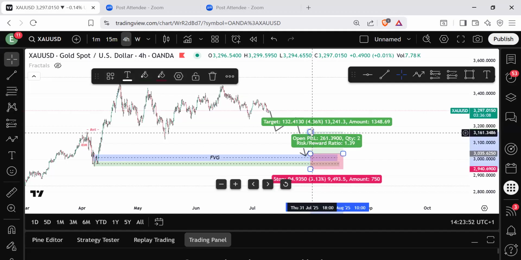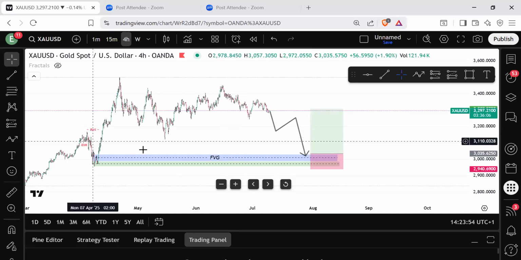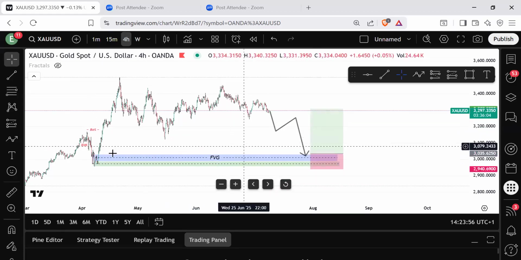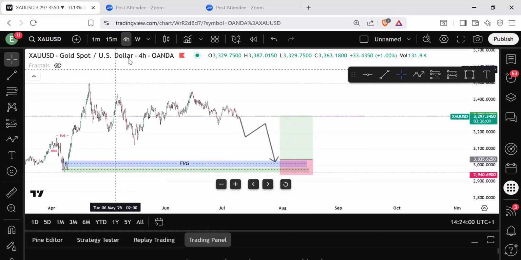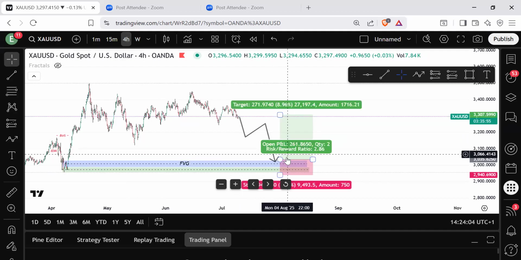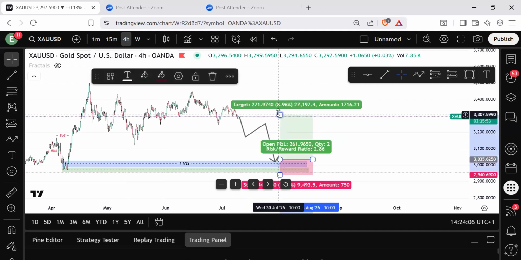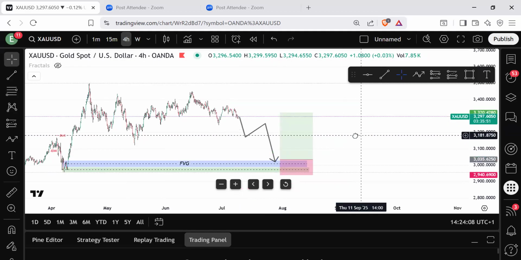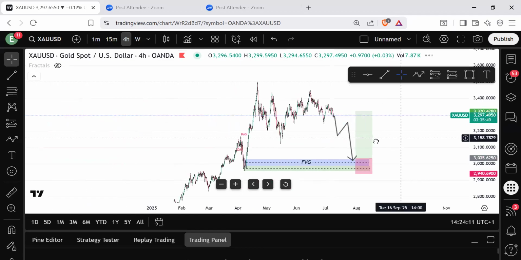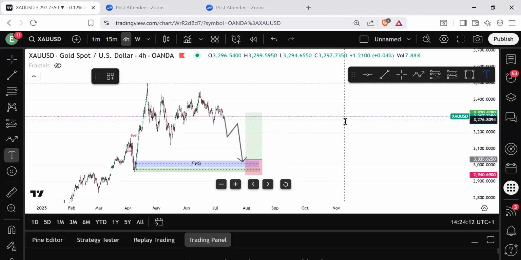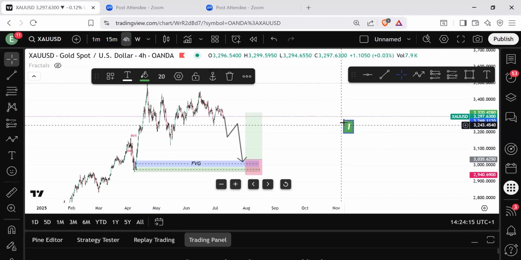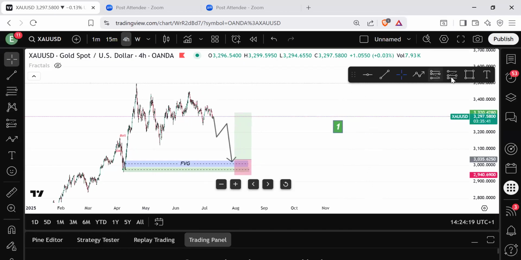Okay. So if you find a fair value gap like this, a valid zone, on this 4-hour time frame, place your limit entry. Yes, that's one kind of entry. I see. That is one kind of entry. So we have the limit entry.